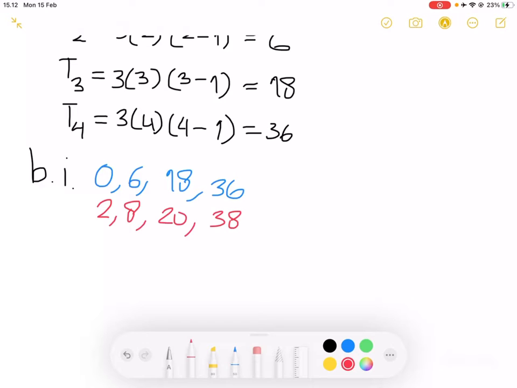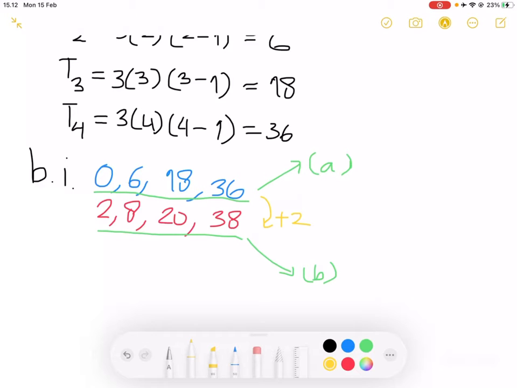I'll give you 10 seconds for this. Alright, if you haven't discovered the pattern already, notice that to get the sequence given in part B from the sequence in part A, you just add 2 to each term.